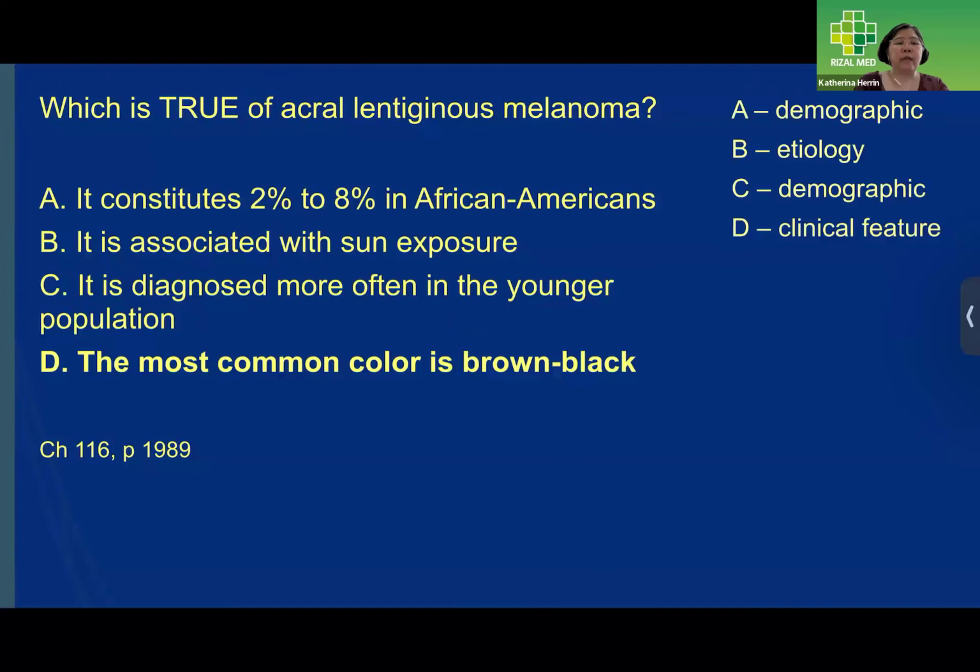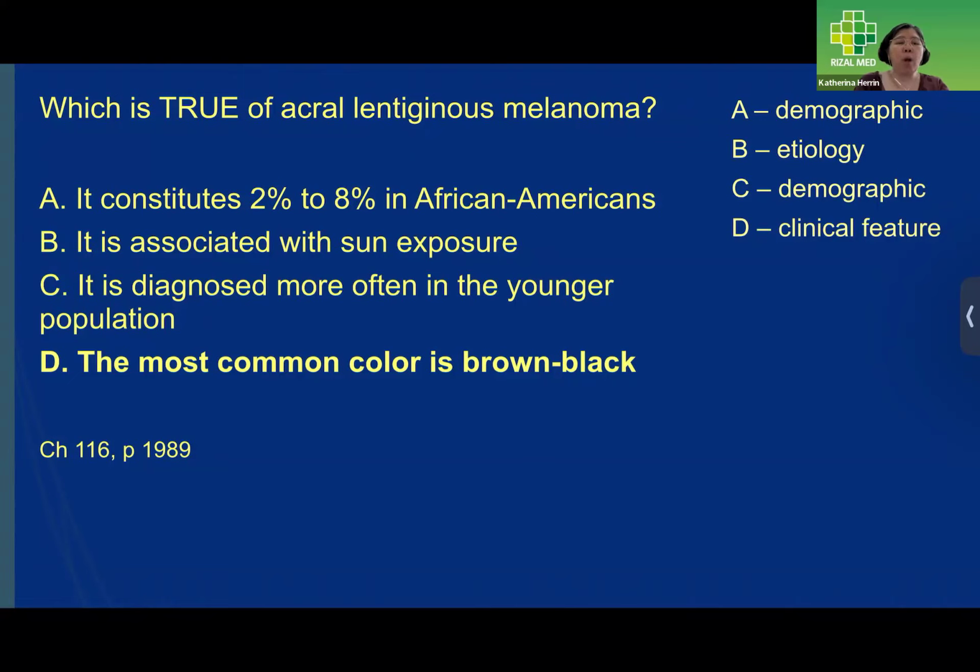On further examination of the question, you will see in your alternatives that choices A and C refer to demographic data, choice B is about etiology, and choice D is about clinical features. This question can be improved by making all your alternatives refer to only one principle.